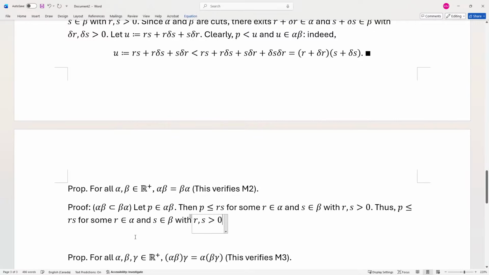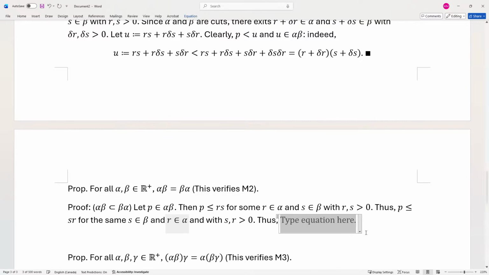Thus P is less than or equal to S times R for the same S in beta and R in alpha, with S and R greater than 0. So therefore, P is in the set beta times alpha, so we're done.